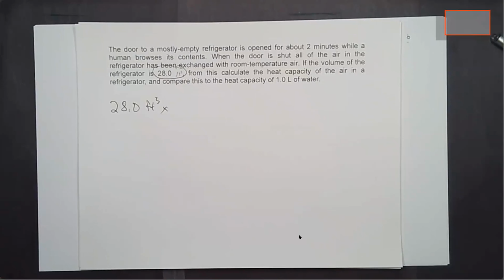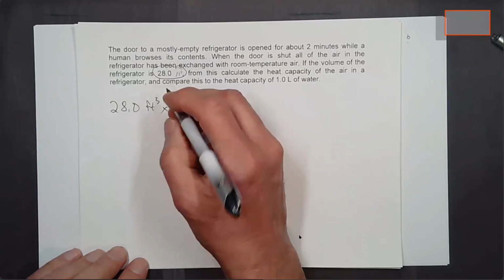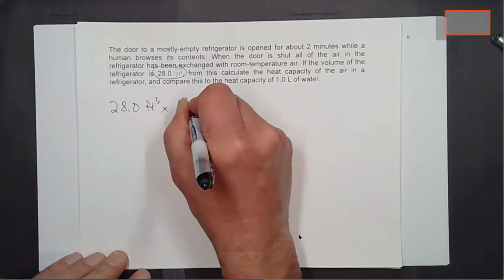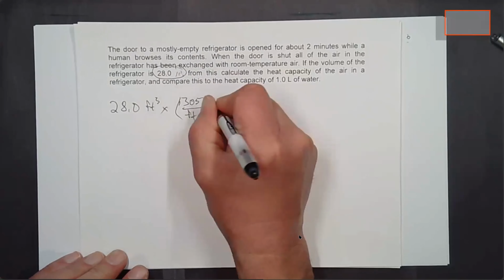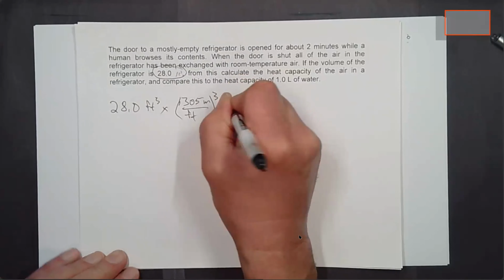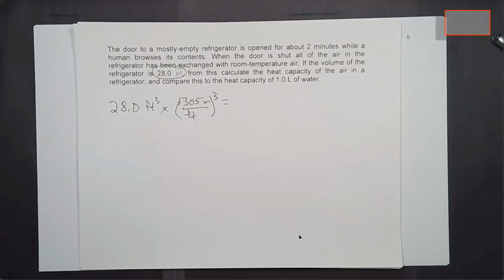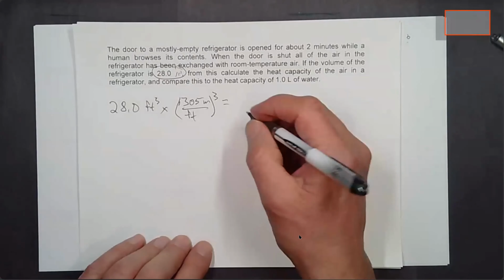Conversion factors, length. 1 foot is 0.305 meters. So 0.305 meters per foot, and we have to cube that. And I get 0.79.